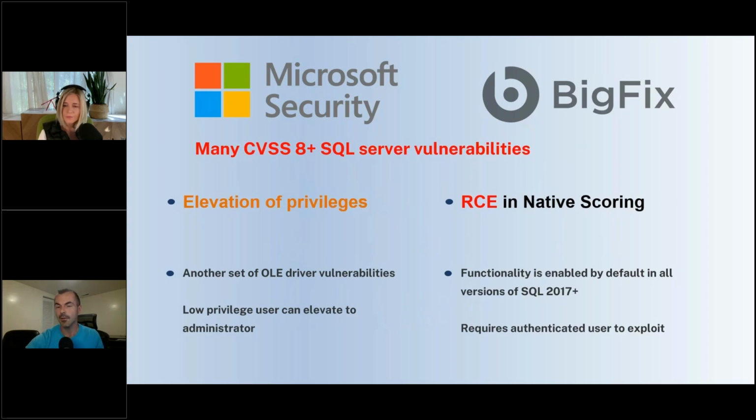You point a model that's already been trained at a set of data, which is just a SQL query, and then it tries to predict data based on those two inputs. That's really not that important to know. The only important thing is that it is enabled by default. So any authenticated user can access native scoring, feed it a malicious model and a malicious SQL query, and run whatever code they want on the SQL box.